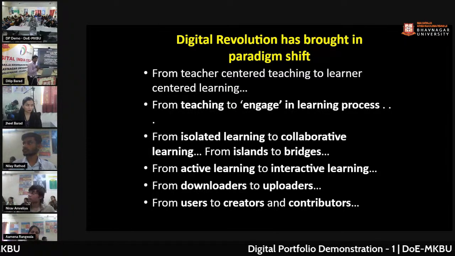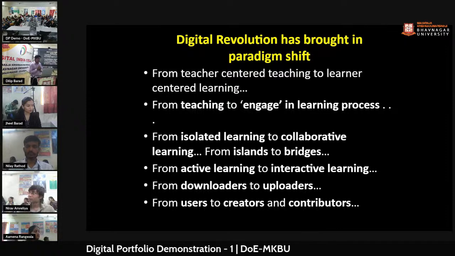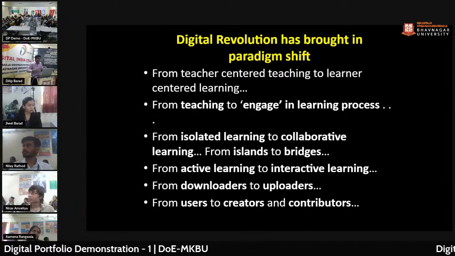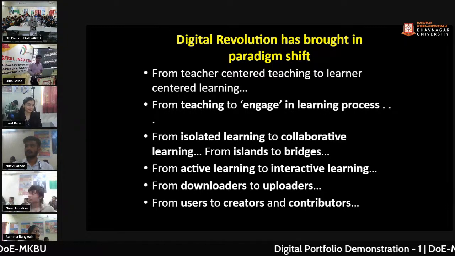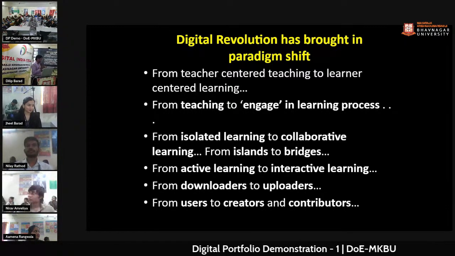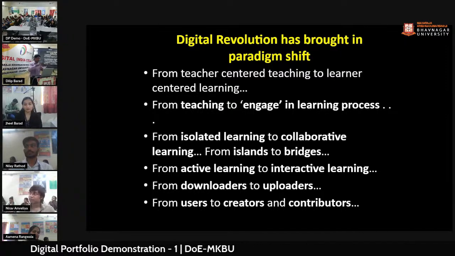From isolated learner to collaborative learner, when you work on this, you know that you have to ask your friends so many things. Otherwise, you will not ask them; you think I am getting a good percentage or I know this website, I will prepare. So we remain isolated learners. But when you work in this environment, you have to take help of so many people.